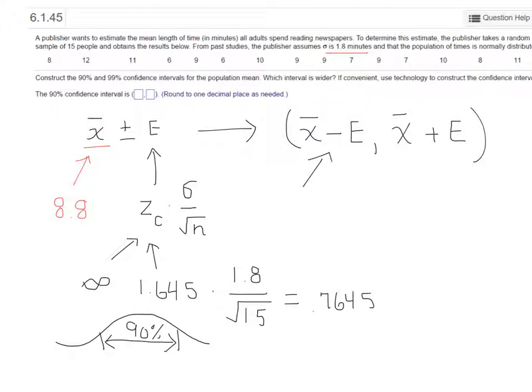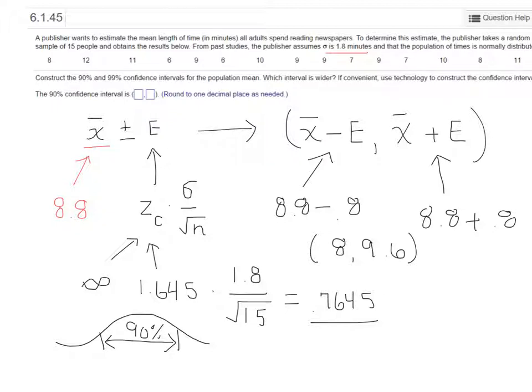So our x bar minus will be 8.8 minus our margin of error rounded to the nearest tenth, 0.8. And our upper boundary will be our 8.8, our point estimate, plus that margin of error. So our confidence interval will go from 8 to 9.6.